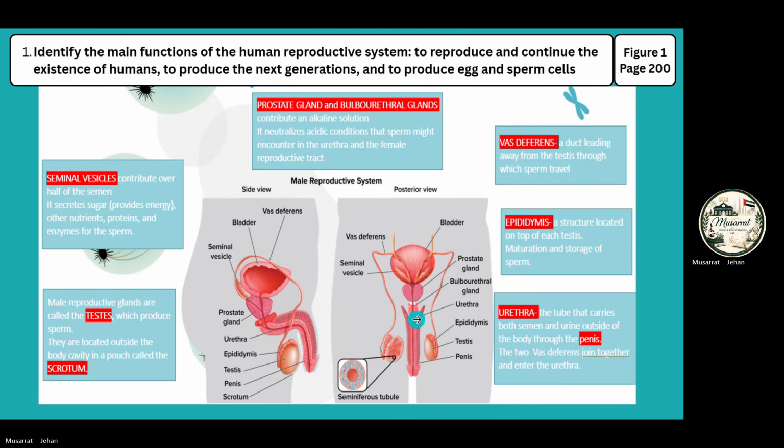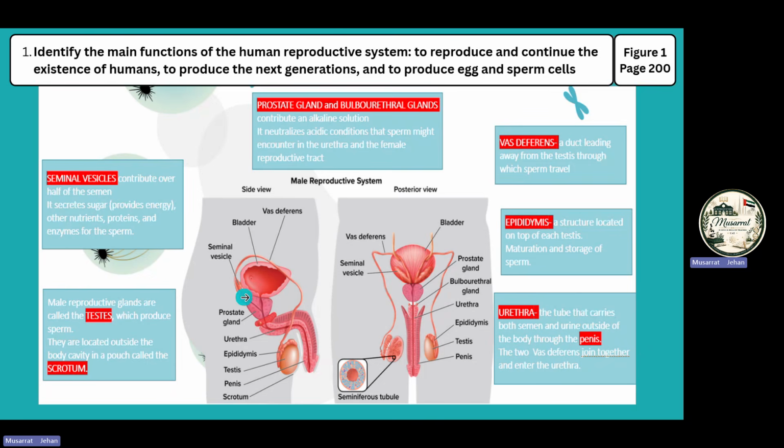Here you can see these two glands. They contribute to the alkaline solution. It neutralizes the acidic conditions that the sperm might encounter in the urethra and the female reproductive tract. So they are making it alkaline. Then there are the seminal vesicles, which are present here.